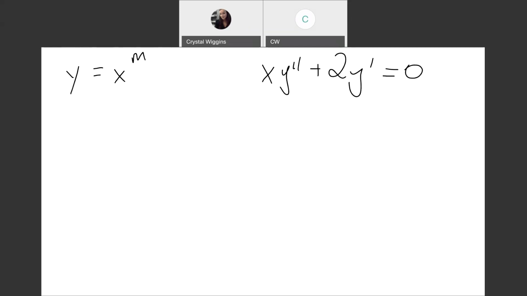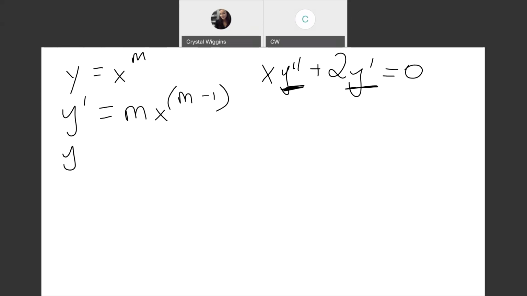So the hard one is going to be the first one up, which is the left-hand side of the equation. And before I even get to the left-hand side of the equation, let's take our derivatives, because I can already see that I have a second derivative and a first derivative in here. So y prime, okay, x raised to a power m. So we'll do our power rule, and that would give us, bring the m down in front, come back up, and subtract 1.